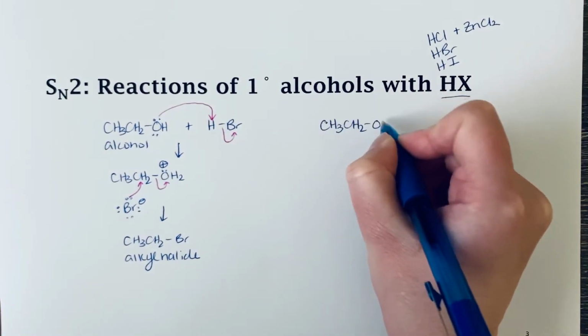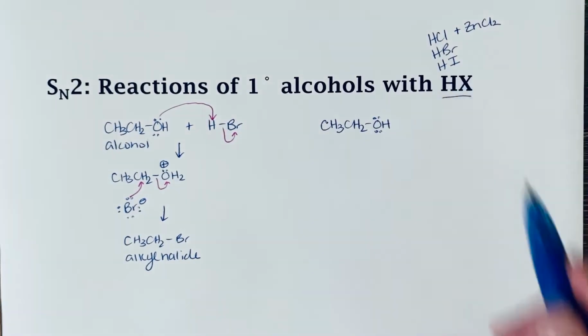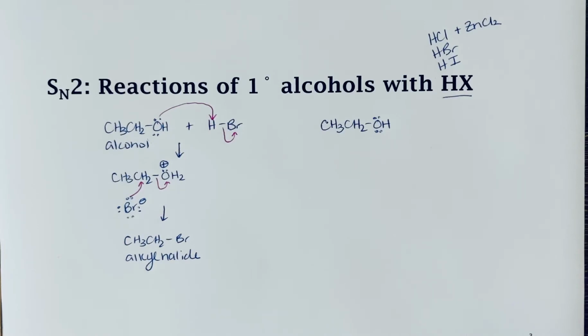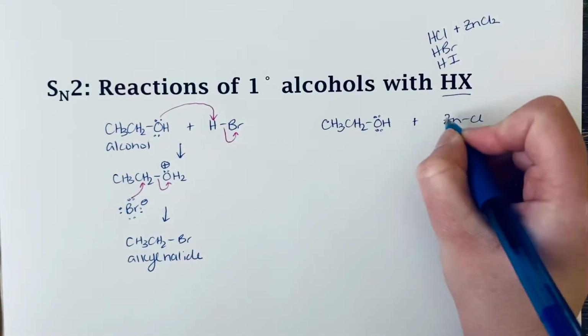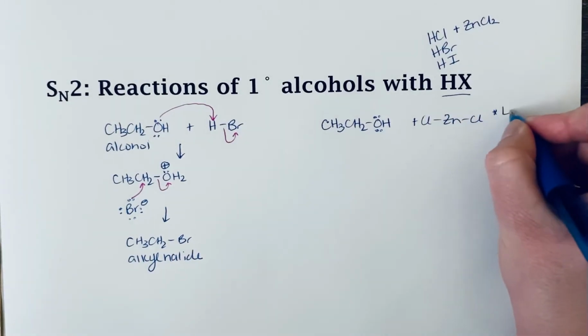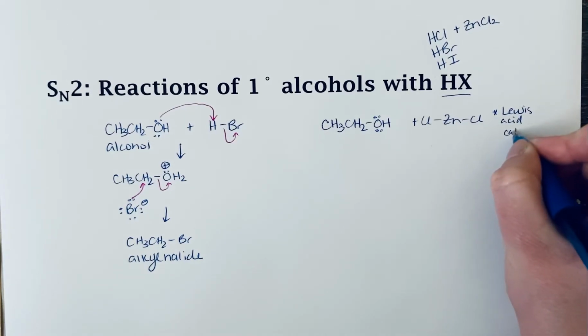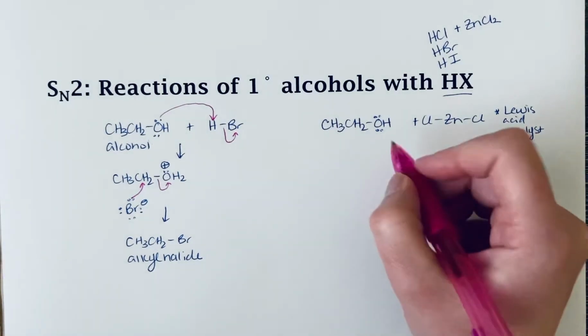Here is an alcohol. If you have HCl and zinc chloride, it's going to react with the zinc chloride first. The zinc is a really good Lewis acid catalyst, and that's its role here. We're forming a Lewis acid-base complex.